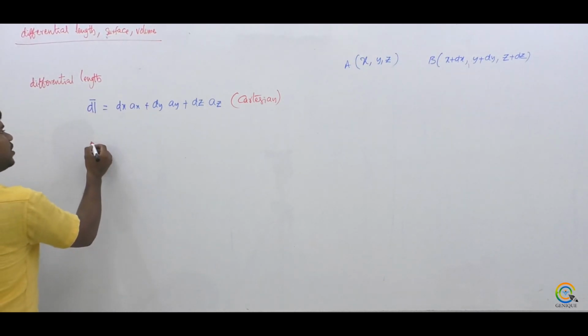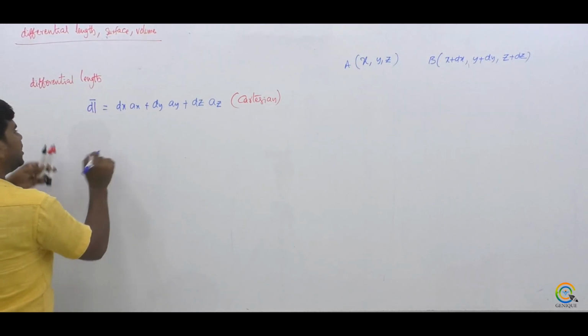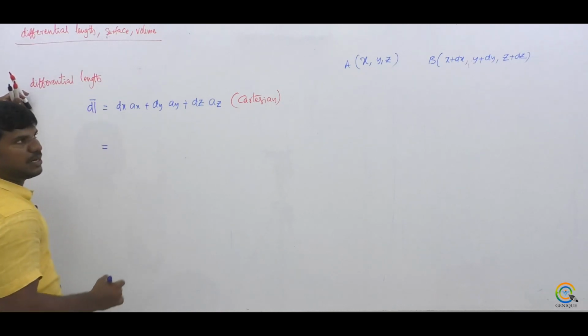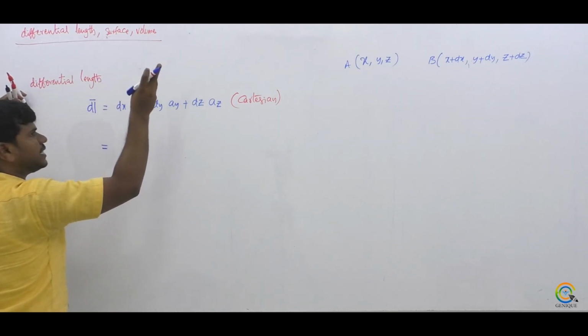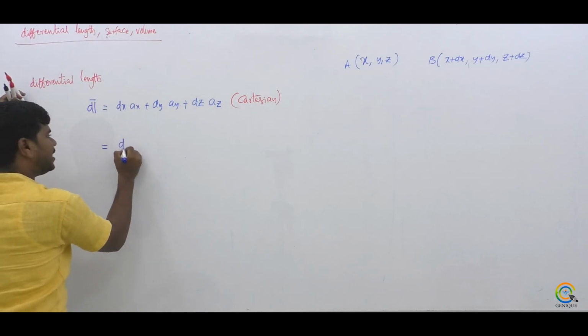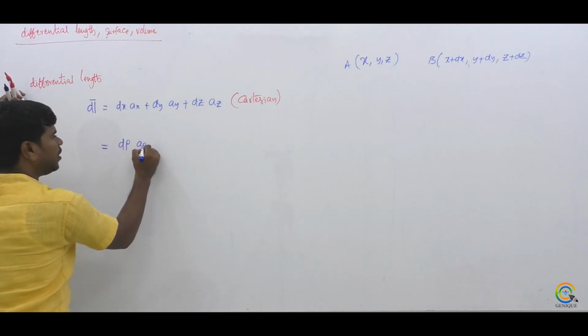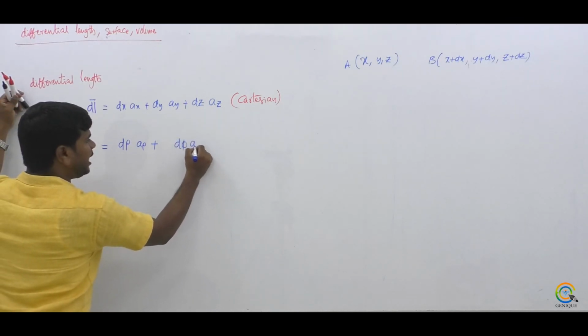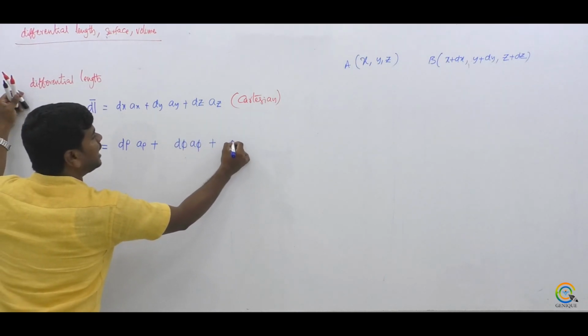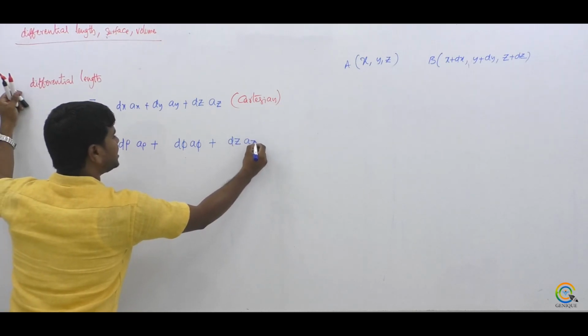Suppose I want to write this dl in the cylindrical coordinate system. What are the cylindrical coordinates? Rho, phi, z. For rho, phi, z, can I write d rho a rho plus d phi a phi plus dz az?